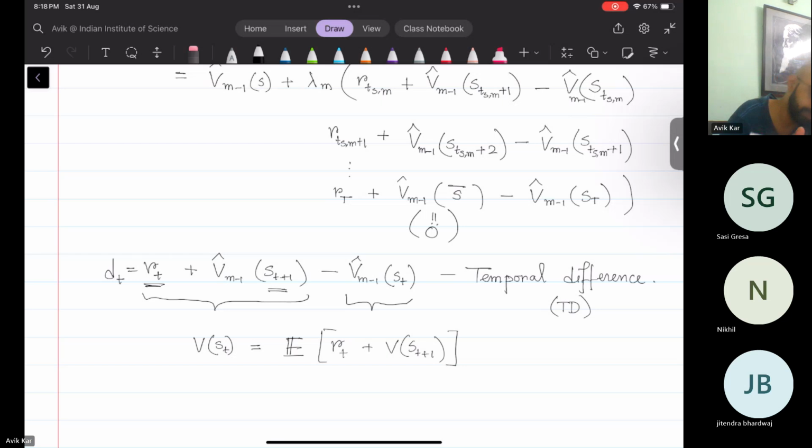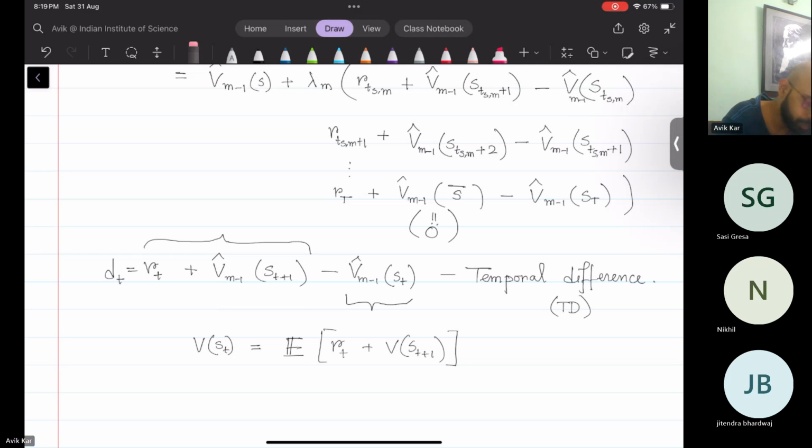If you think carefully, that's what the Bellman equation is. And what it is saying is that this term is nothing but an updated value function, given that you have one more reward and one more state, and you have not taken the expectation. Expectation you could not take because you have finite samples, in particular one sample. If you remove the expectation, this can be used as a value function estimate.